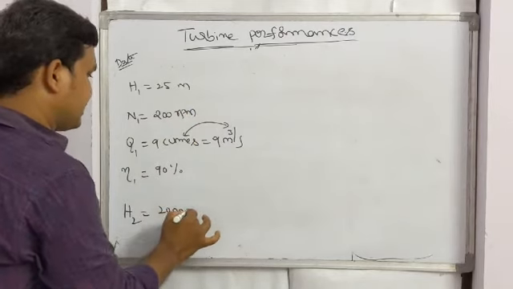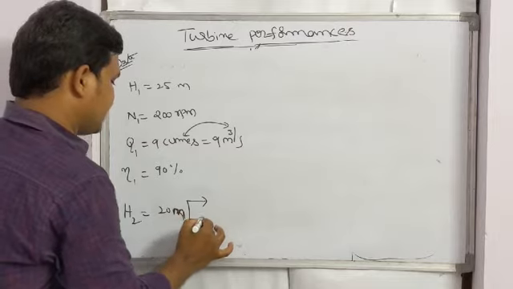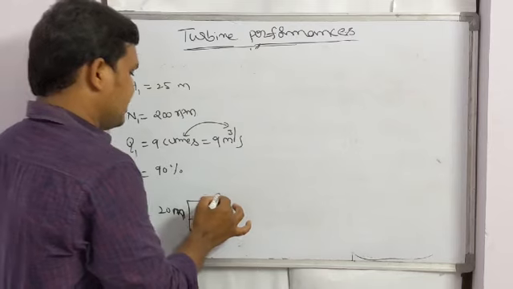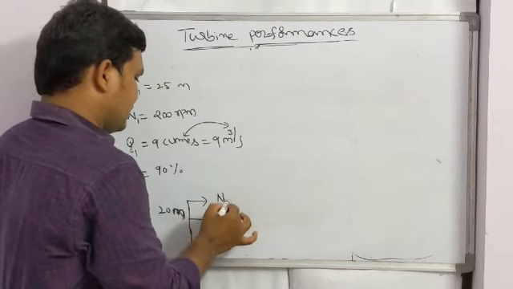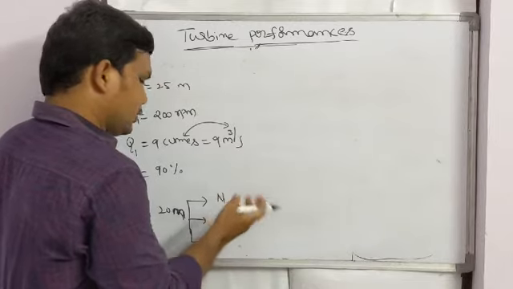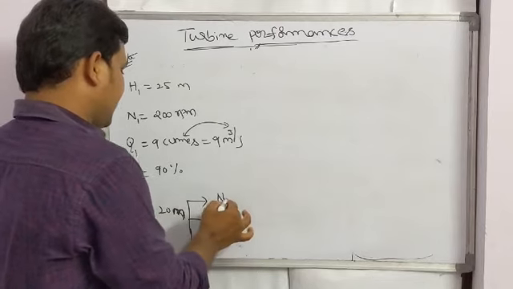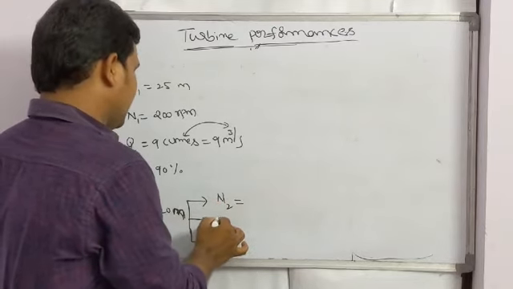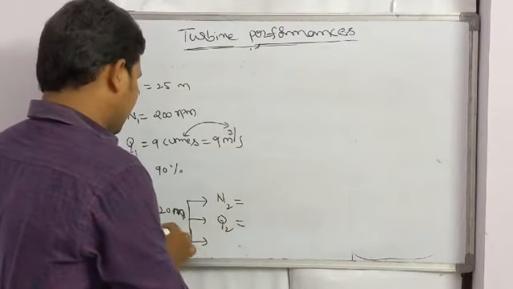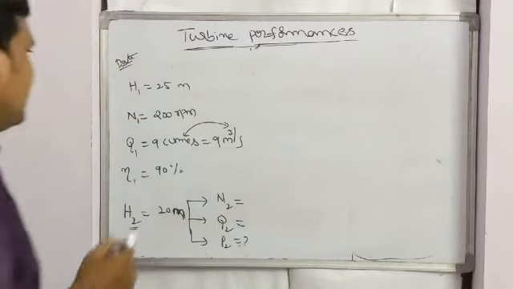So when the head on the turbine is 20 meters, they want to find out the turbine performance. Turbine performance means three things: unit speed, unit discharge, unit power. So in the second case H2, we need N2, Q2 and P2. So this is the problem.